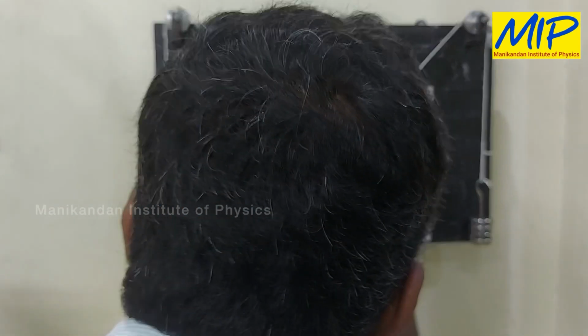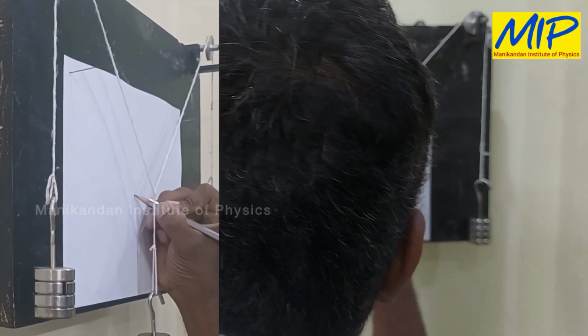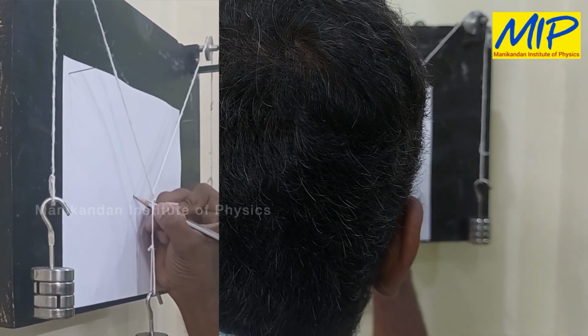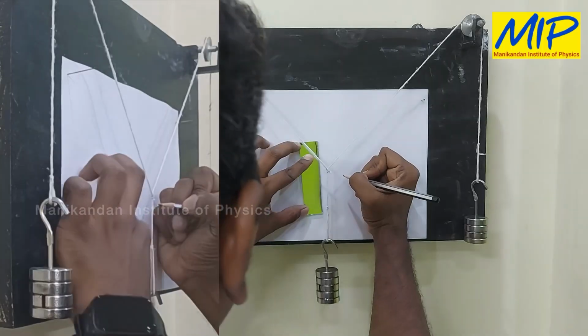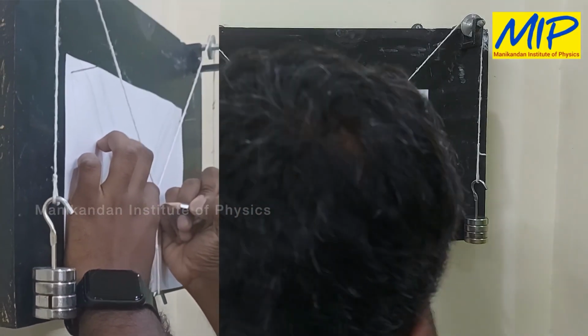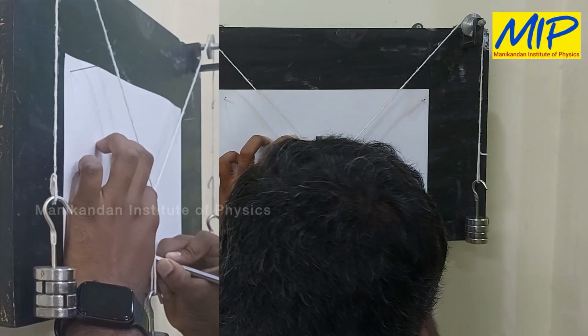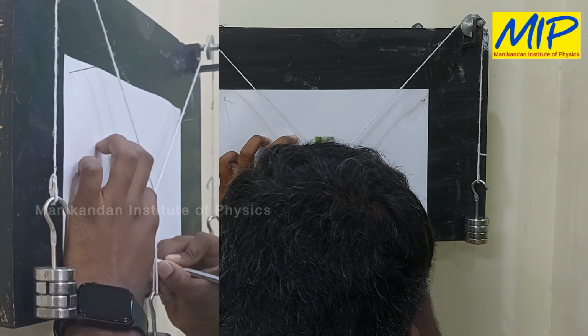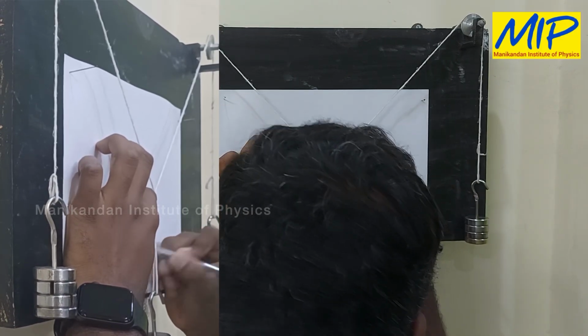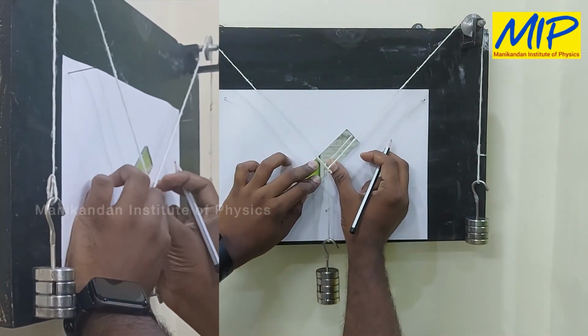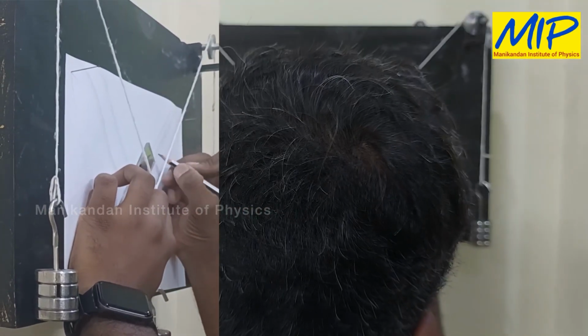So if I take the exact midpoint here, this is my O. Using this glass strip, we are going to write the projection of this thread on this paper.